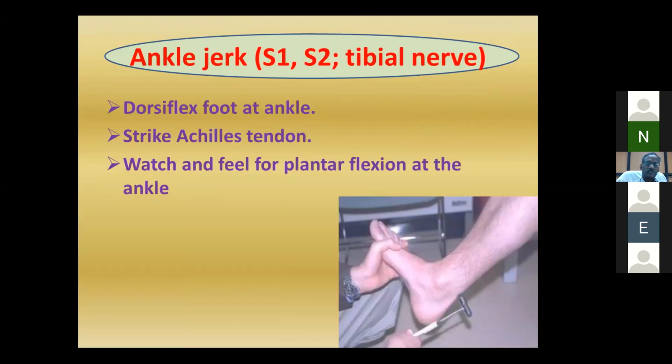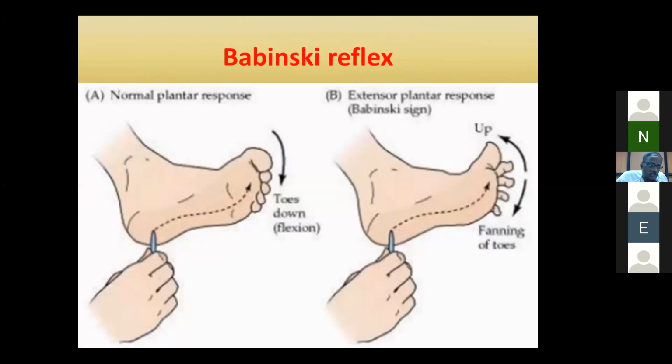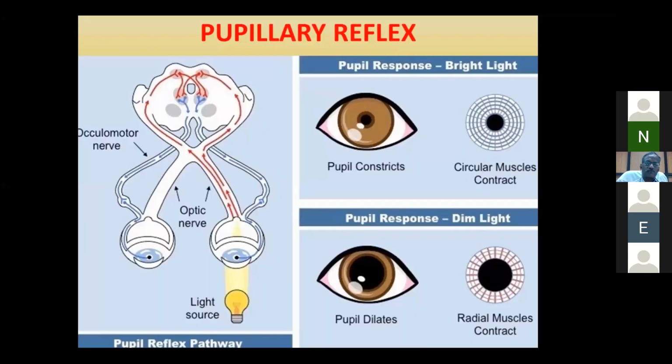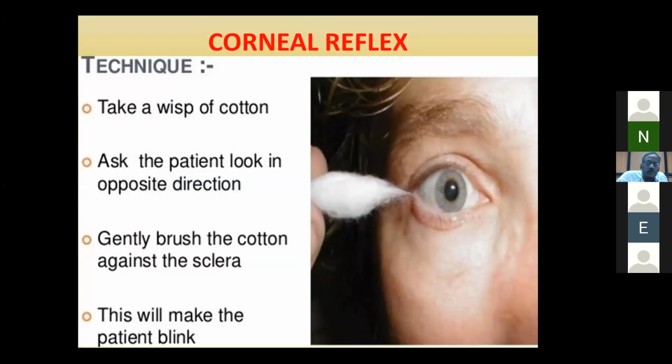The plantar reflex is important for the Babinski reflex. It is positive in case of pyramidal tract or corticospinal tract involvement. This is the pupillary reflex, as I told you, for the third nerve. For the corneal reflex, we must not touch the cornea.